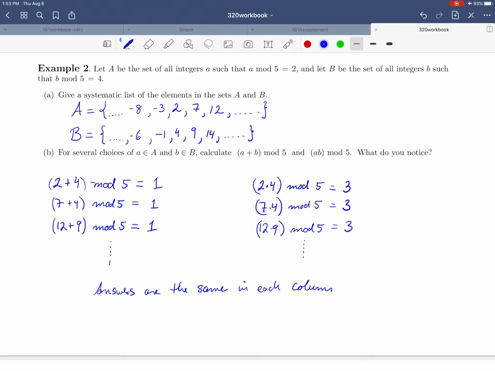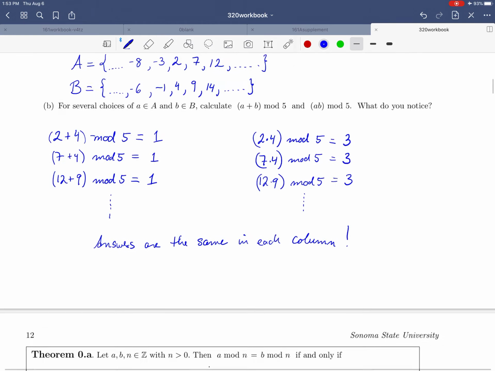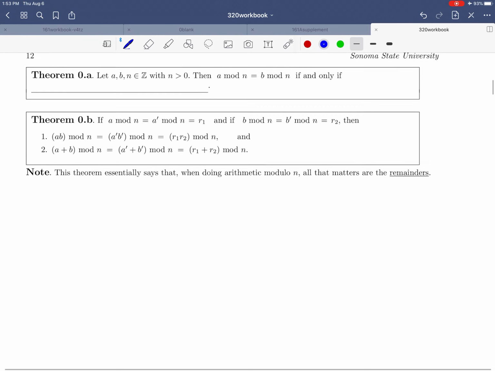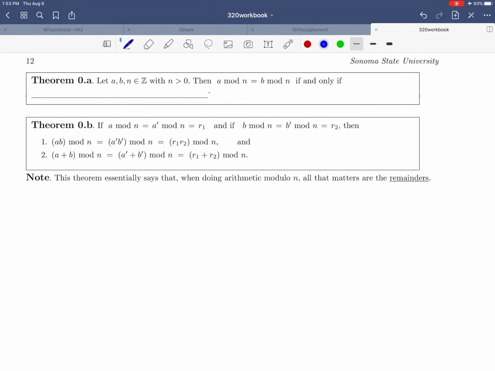Coincidence? Probably not. And in fact, if you go to the next page, theorem 0.b over here summarizes that this result holds in general.